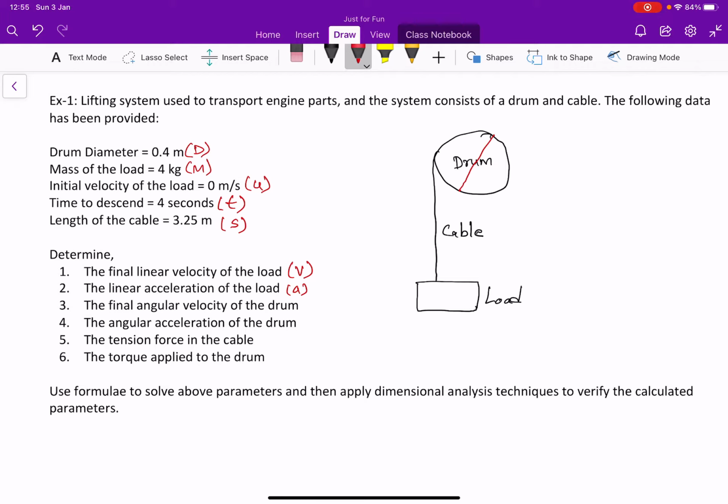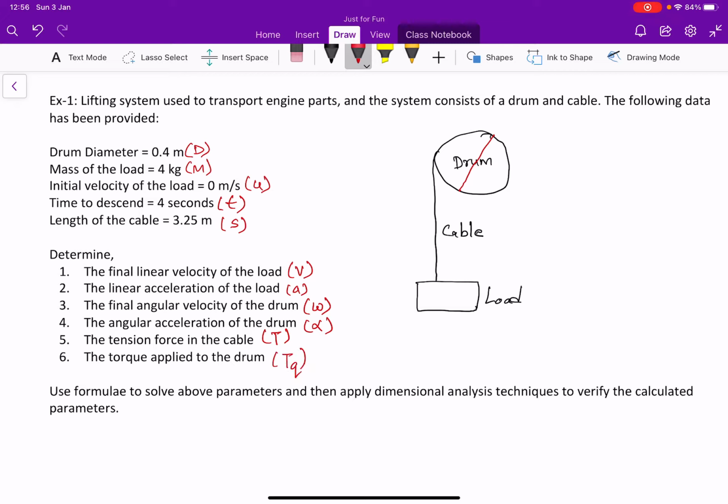So we need to find angular velocity, which we can refer to as omega. Similarly, number 4, we need to find angular acceleration, which we can refer to as alpha for the drum. And then we need to find the tension force in the cable, which we refer to as T. And then finally, we need to find the torque experienced by the drum, which I'm going to say as TQ.